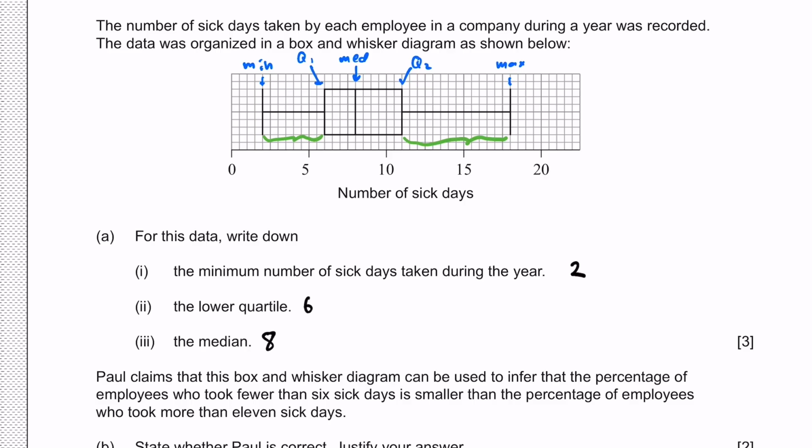But remember, a box and whisker plot breaks up our data into quartiles. So there's 25% here, 25% here, 25% here, and 25% here. In each of these quartiles, there's 25% of our population.